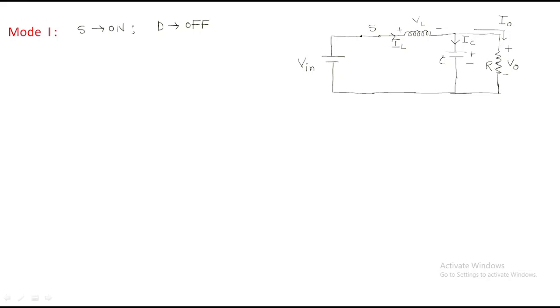Here, this capacitor and the output voltage are both connected in parallel. That's why the voltage across the capacitor is nothing but the output voltage. V0 is the output voltage in steady state operation, but generally in transient it is different. But keep in mind it is in steady state operation.